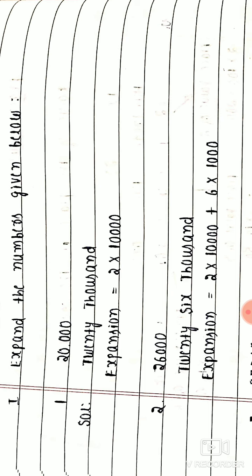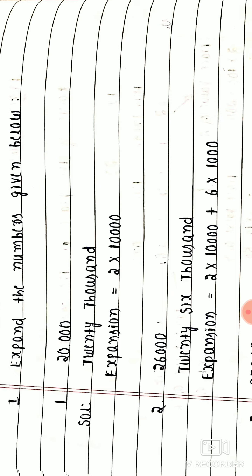Then you have to write the expansion. 20,000 has 2 in the place of 10,000 in the place value chart. Therefore, the value of 2 is 10,000 times 2, that is 2 into 10,000, that is 20,000. In this way, you have to expand the numbers.